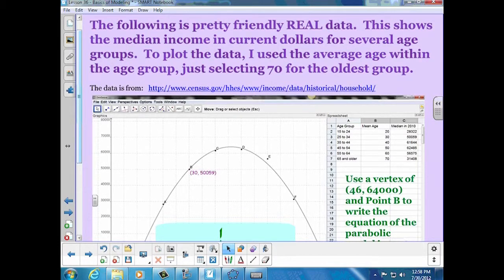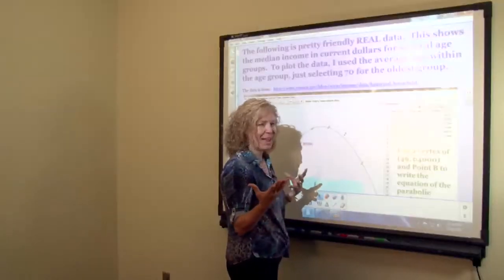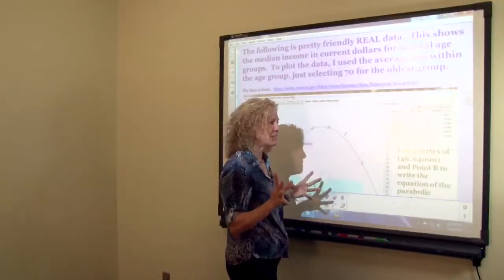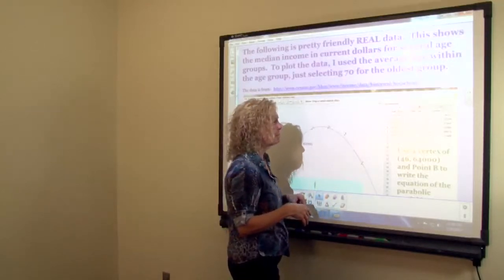And so in order to be able to plot data, what I did is I took a mean age of each of those subgroups and tried to make it kind of nice. 65 and older was a hard one, so I just went to 70. And that's not a terrible one since life expectancy tends to be in the mid to upper 70s.